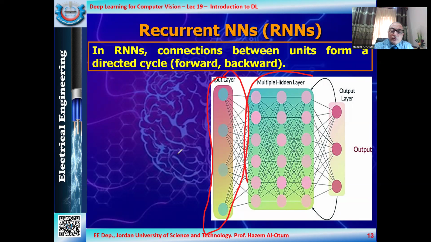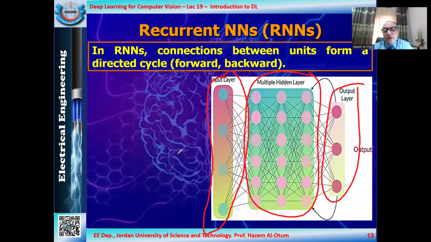Of course, we're talking about deep RNN, so we have tens or maybe more hidden layers. At the output layer, in the case of a deep neural network, we just keep the output directly from the input data.